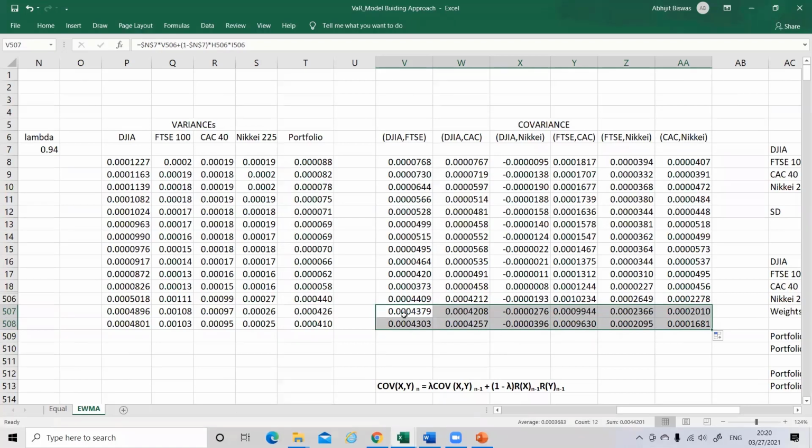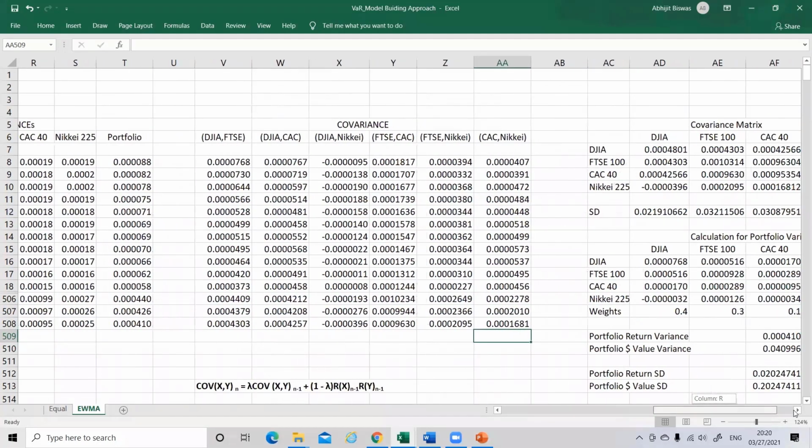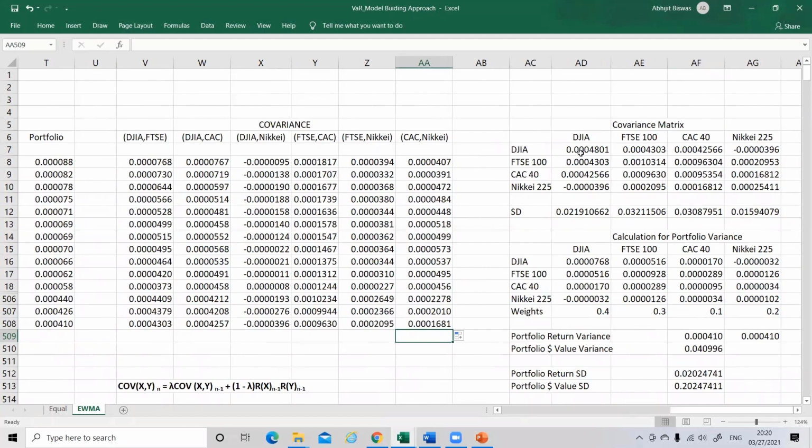I show it once again. Select from here to here and just drag it down. Now you can come here and just simply fill this very easily. So here you see, give the formula V508 equals to V508. Done?